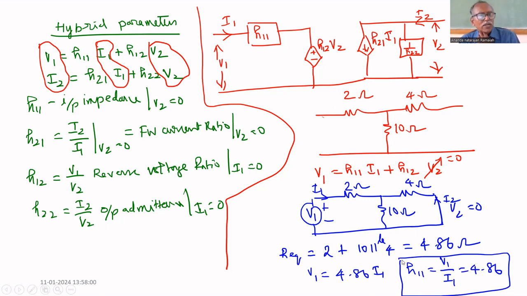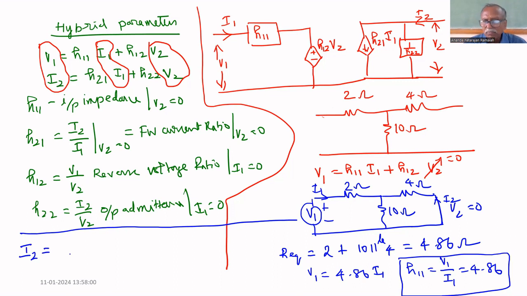We have to find H21, which is I2 by I1. Let us write expression for I2. I2 equal to minus I1, because I2 and I1 are in opposite direction. I1 is divided into two parts. One goes through 10 ohm, another goes to 4 ohm. Current through 4 ohm is I2.